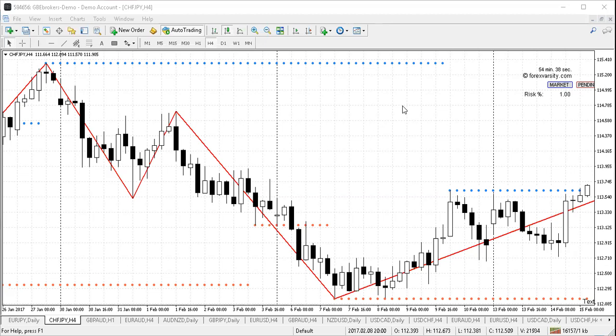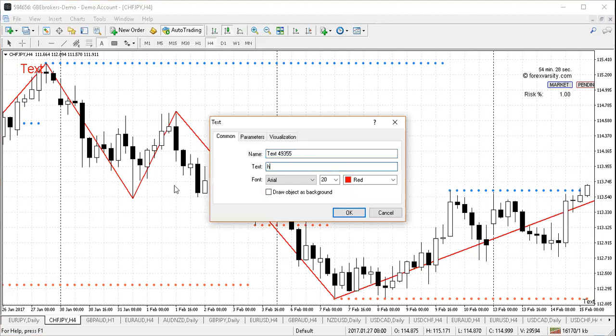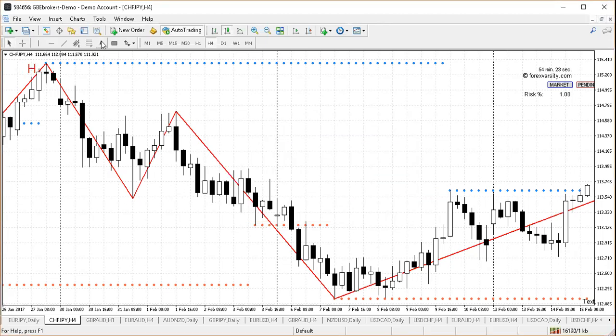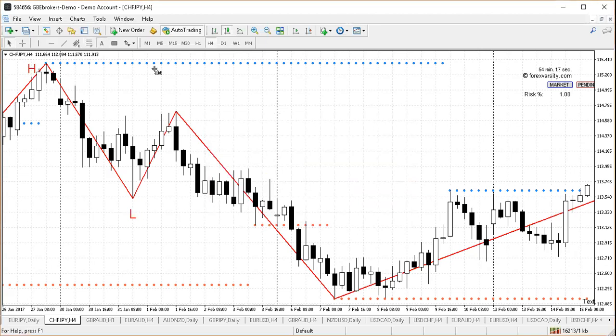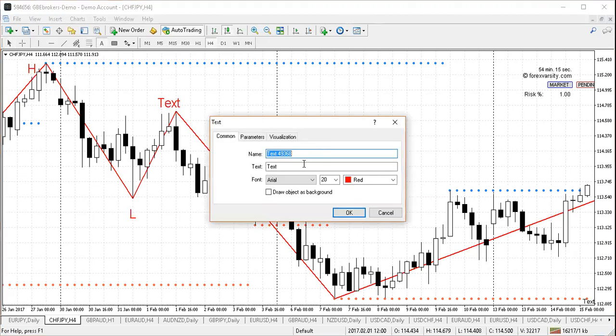So first of all, obviously, if you're looking at the markets and you're looking at your trends and your ABCs, you have your high over here. And you have a low. Then you have a lower high.